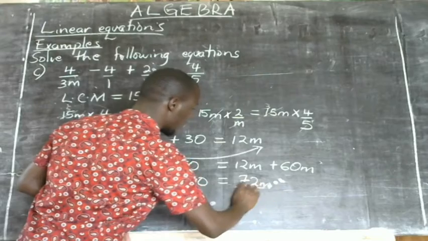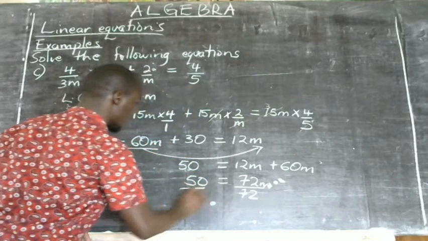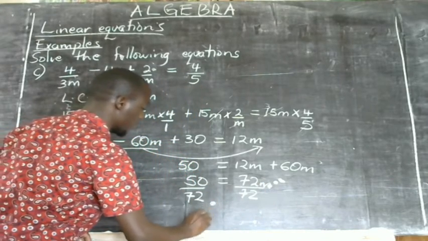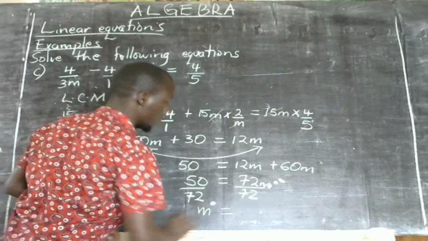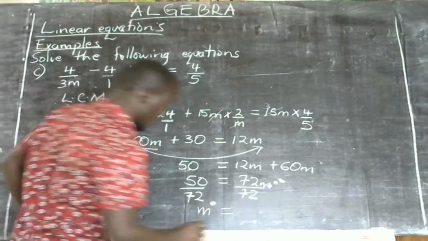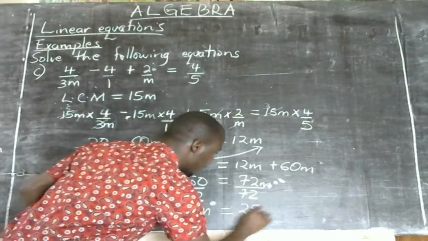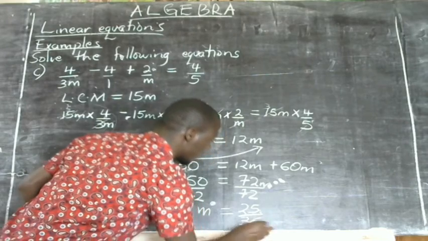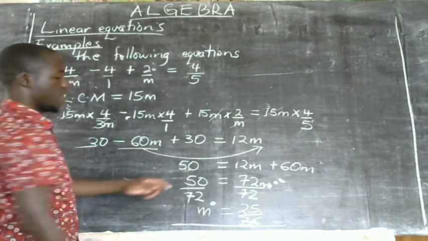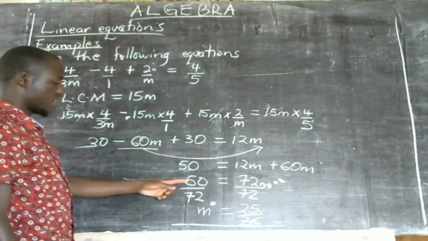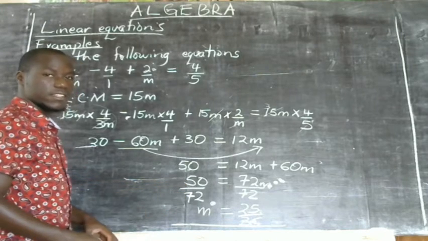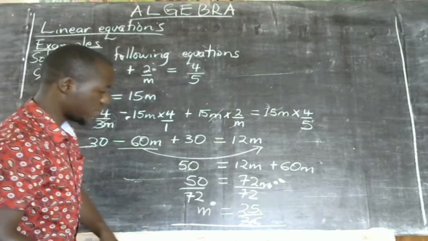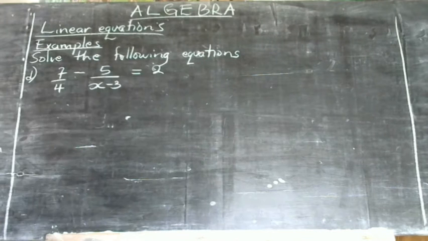So I divide both sides by 72. I end up getting my value of m as 25 all over 36. I have reduced the 50 all over the 72 to 25 all over 36.